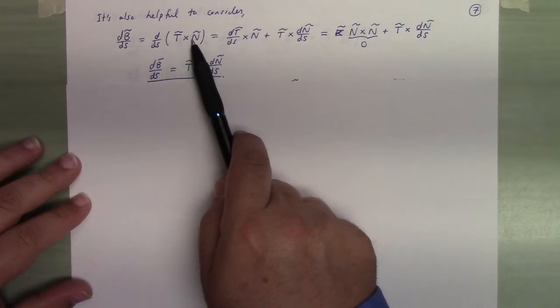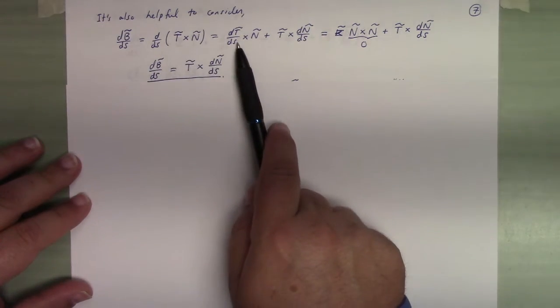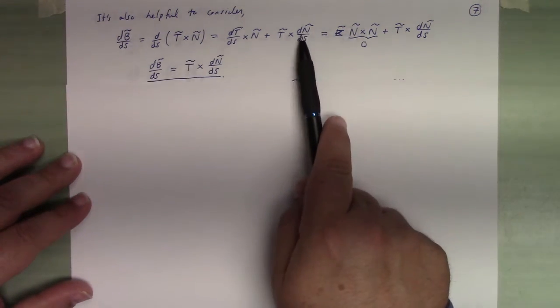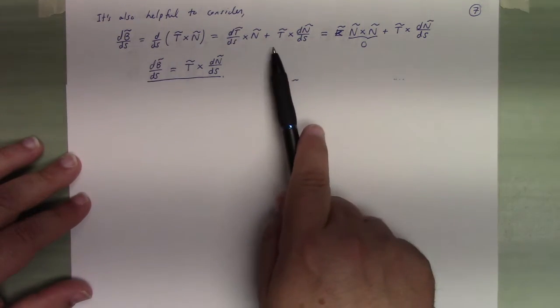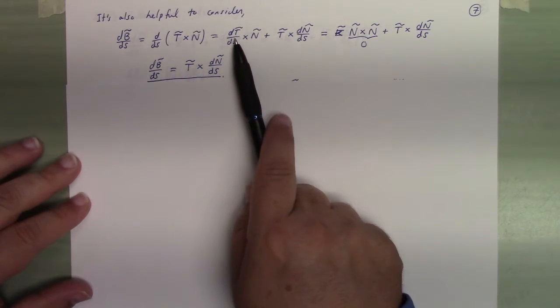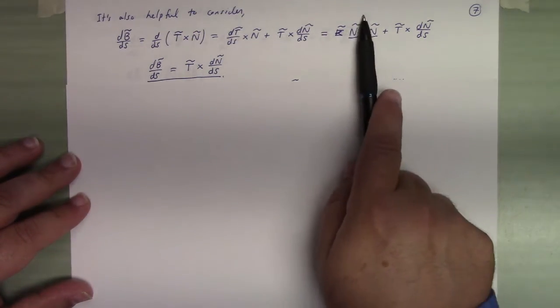So since b is t cross n, we have the product rule for the cross product, which is the sum of the cross products with the derivatives of the first and then the second, maintaining the order. And so remember, t prime is kappa n, so kappa n cross n is 0. Any vector crossed with itself is 0.